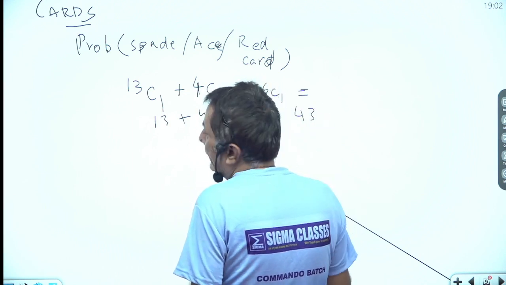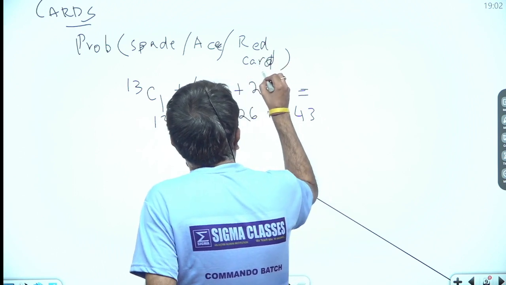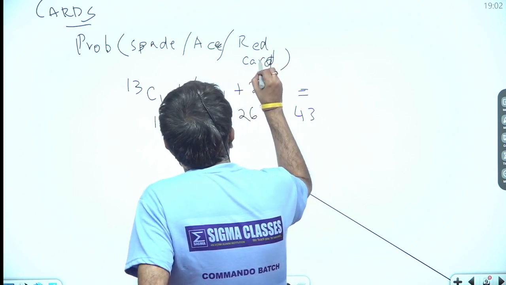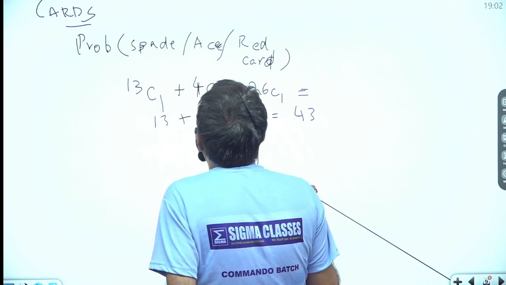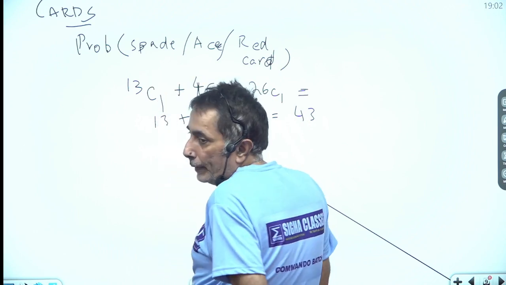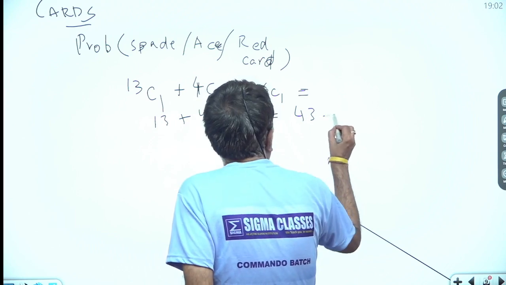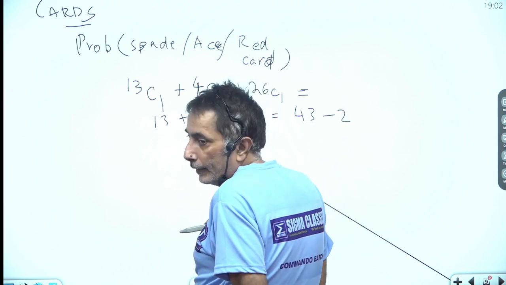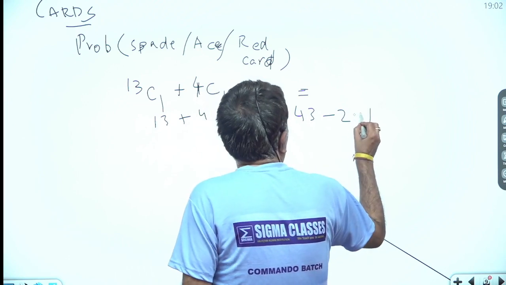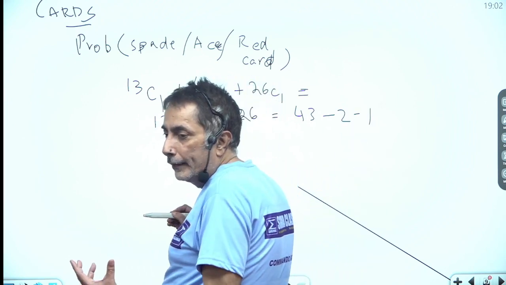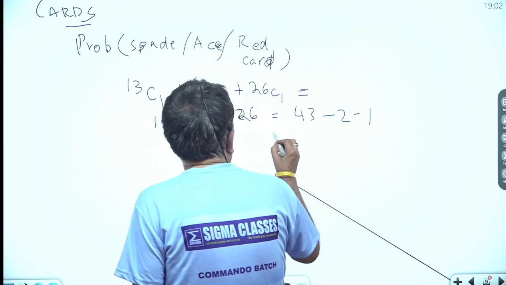But we know that when you have red card, there would be 2 aces and 2 spades, which have to be subtracted from this.